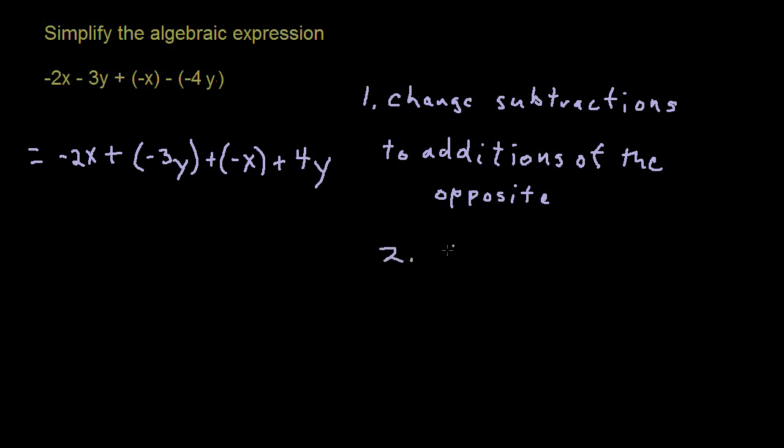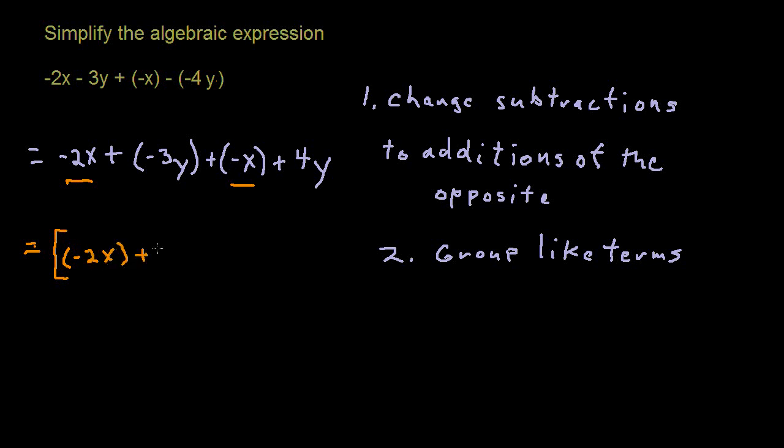The second step is to group like terms. Like terms, remember, have the same variable. We have 2 terms with an x in them, so let's group those two together: -2x plus -x.